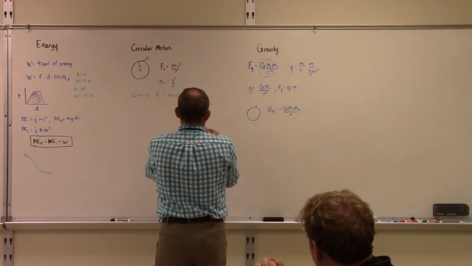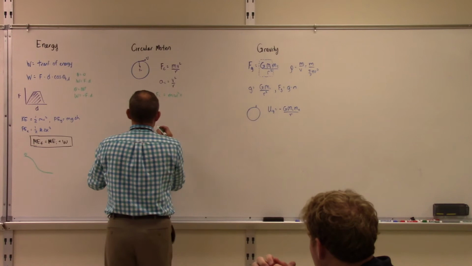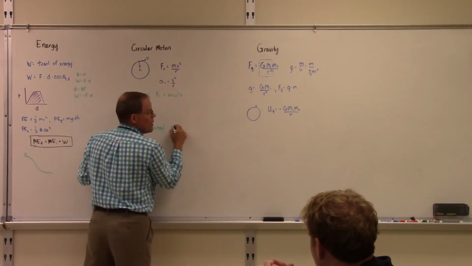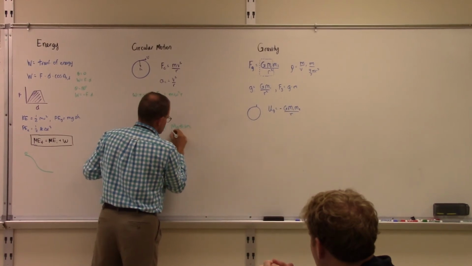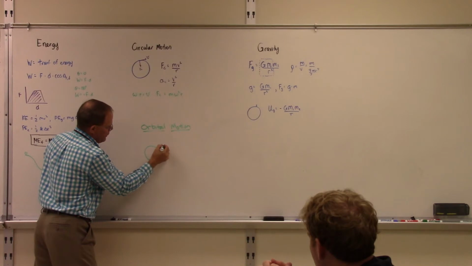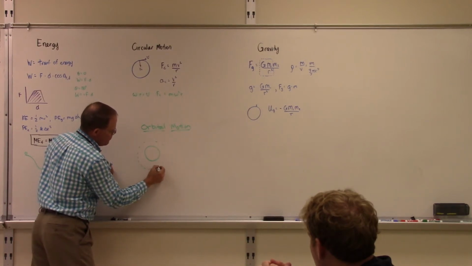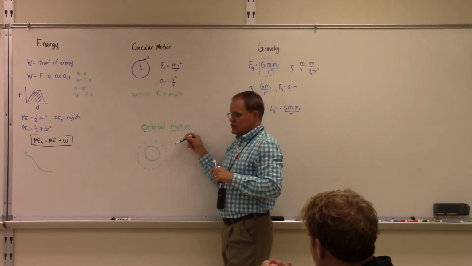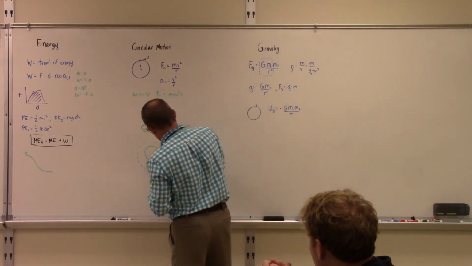The big application of all this was what? Orbital motion. So orbital motion was the idea that if you have a satellite orbiting, it's moving in a circle, what direction is the force on the satellite? Towards the center. What direction is the velocity? It's tangential.